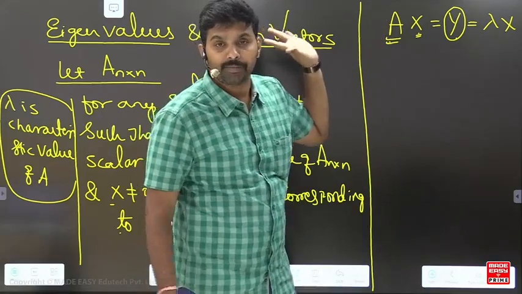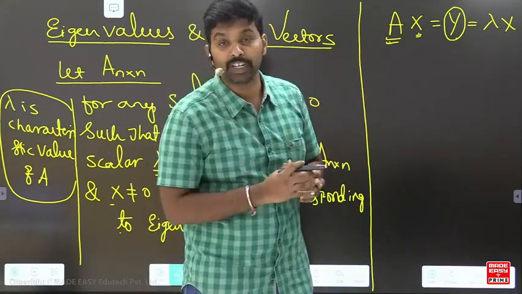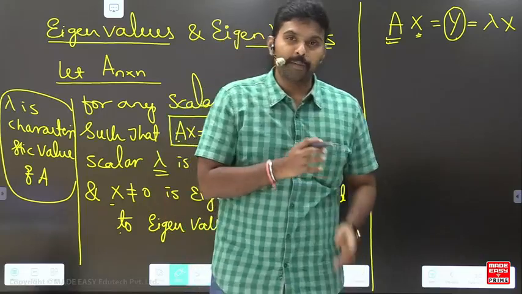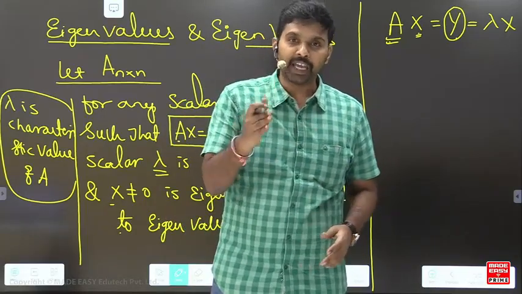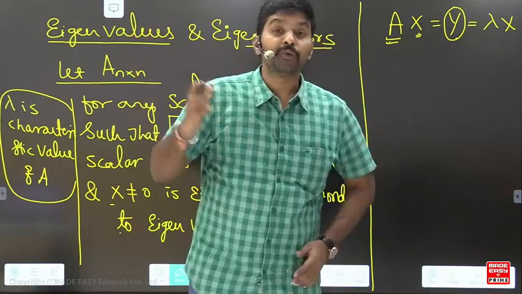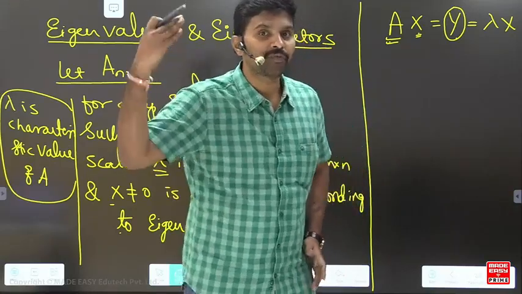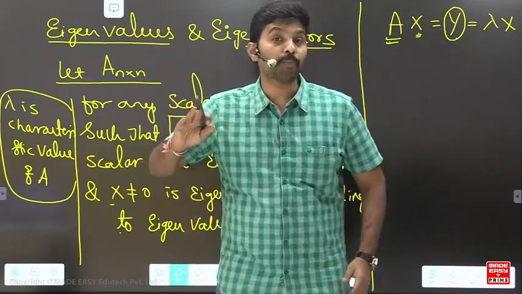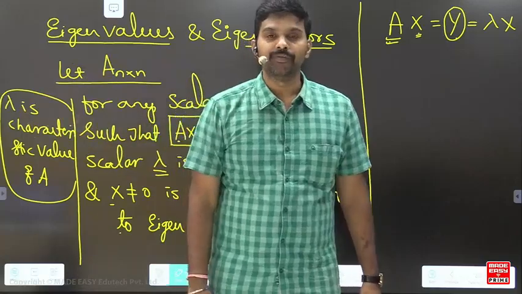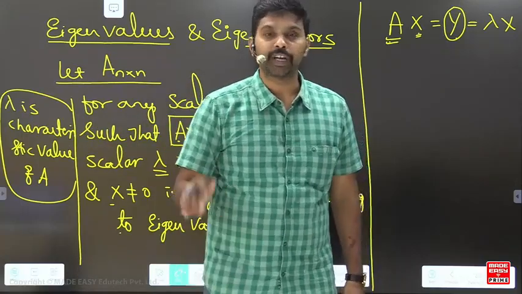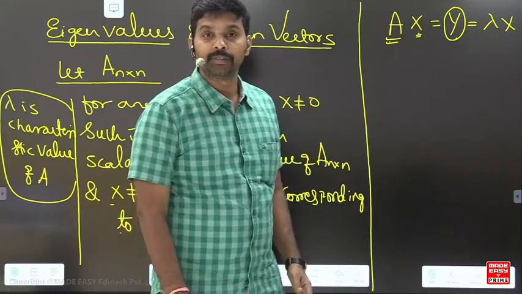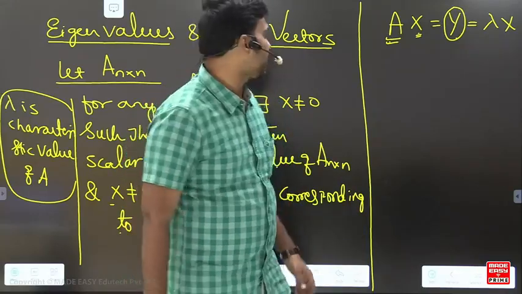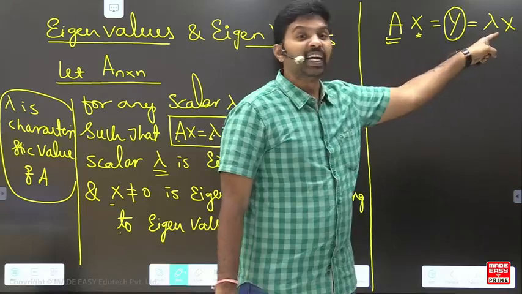This is a special case of linear transformation. The matrix A is transforming vector x into another vector which is a scalar times that vector, which is proportional to that vector. Or simply you can say this vector is getting scaled.